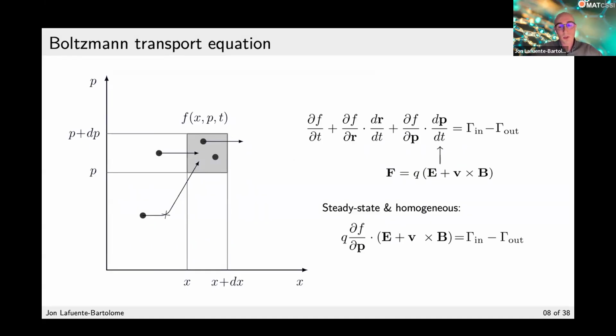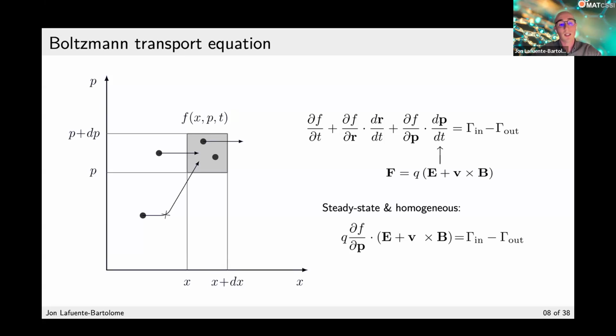Ideally, what one would like to do is to treat the problem fully quantum mechanically and to analyze each of the electrons individually and see how its wave function propagates in time and so on. But in practice, it's much more convenient to turn to a statistical study and focus on the probability distribution function of the electrons.